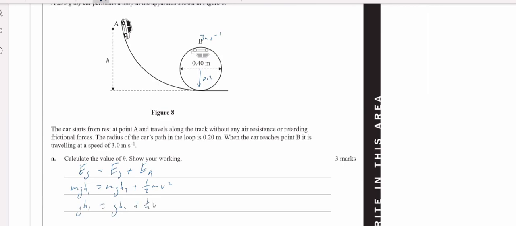It's half v squared. 9.8 h1, trying to find h1. 9.8 times 0.4, this 0.4, plus half, velocity at B is 3 meters per second. H1 comes to 0.86 meters.